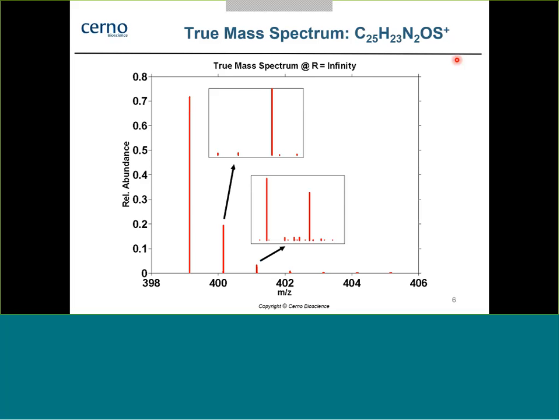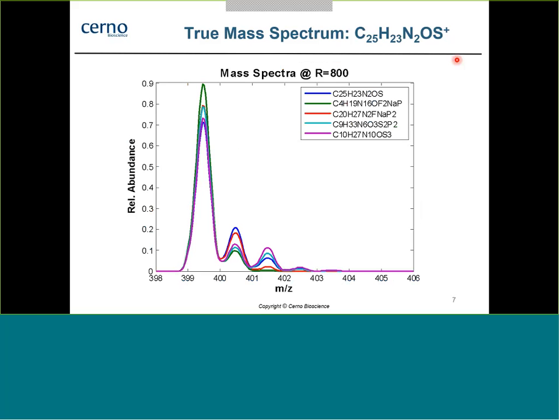So generally, when we're doing formula identification, we typically relegate that to high-resolution systems such as TOF or Orbitrap. But if you look at the spectrum of various formulas, even at low resolution, the profile data is actually quite distinct for every formula due to the contributions of these underlying peaks.